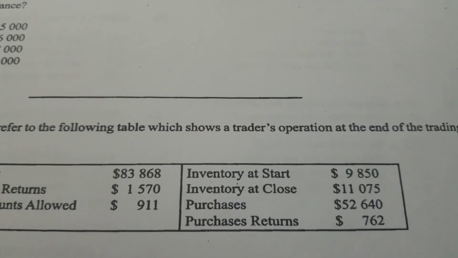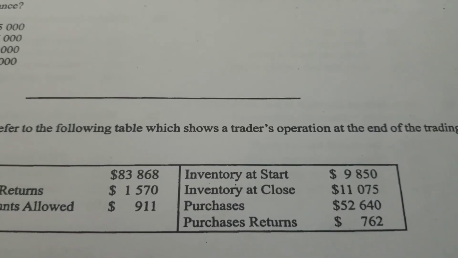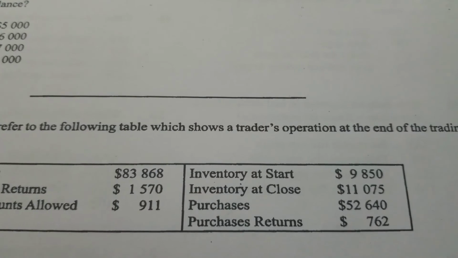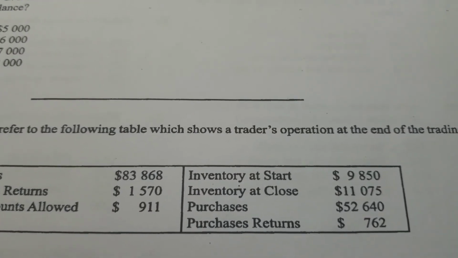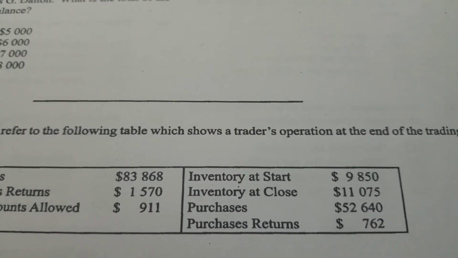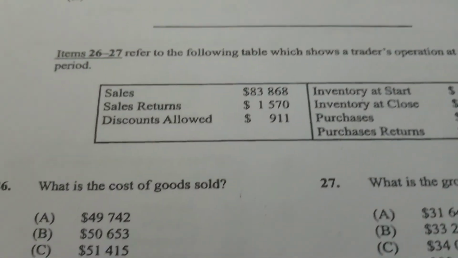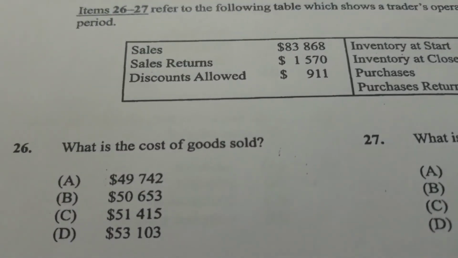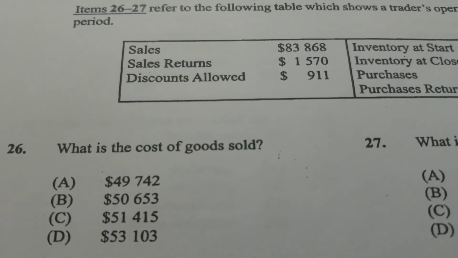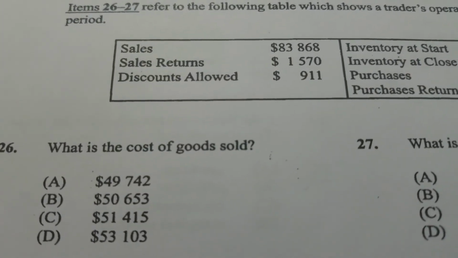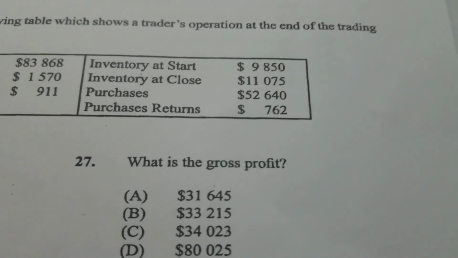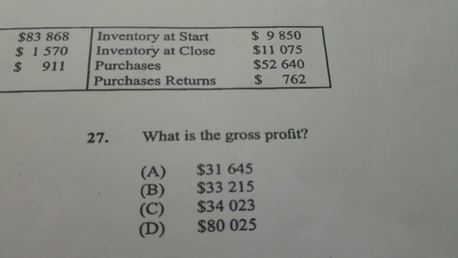Then we'll subtract the return inwards, as well as we'll subtract the inventory at the close. And the answer we get would be the cost of goods sold. What answer would that be? B, 50,653.